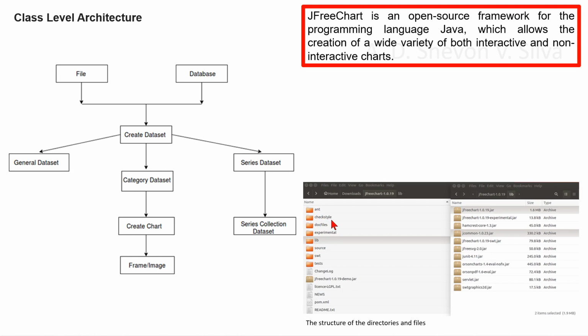Checkstyle, a directory containing several checkstyle property files. These define the coding conventions used in JFreeChart source code. Experimental, a directory containing source files for classes that are not part of the standard JFreeChart API.